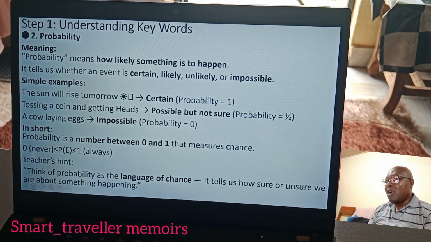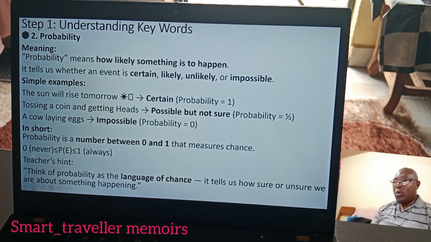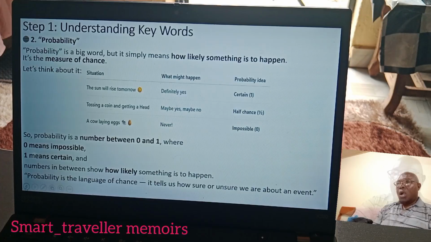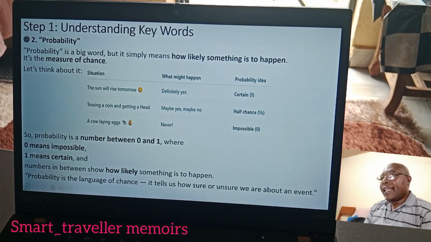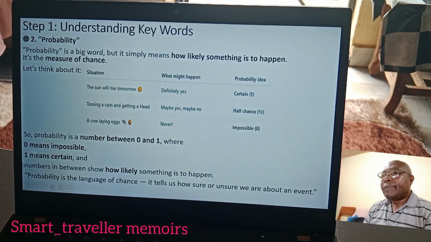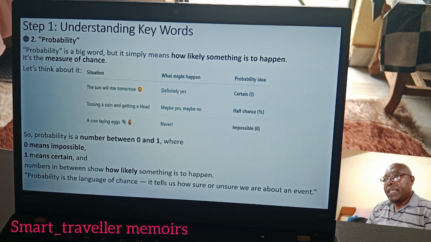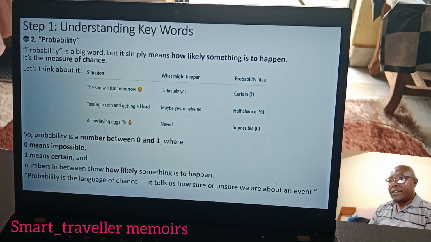It tells us how sure or unsure we are about something happening. We extend the keyword probability, our second one in basic probability rules. Probability is a big word, but it simply means how likely something is to happen. It's the measure of chance.